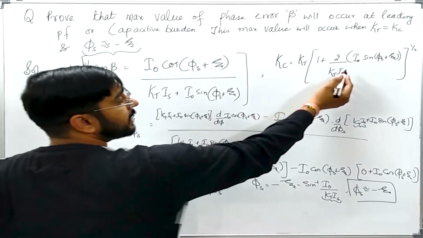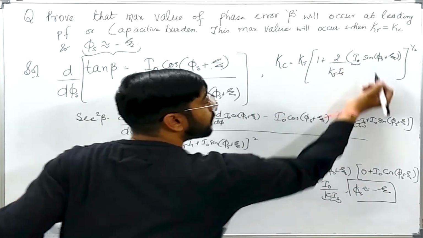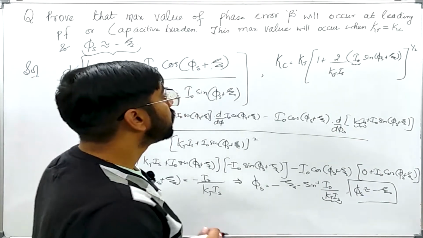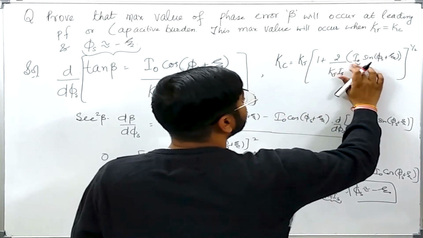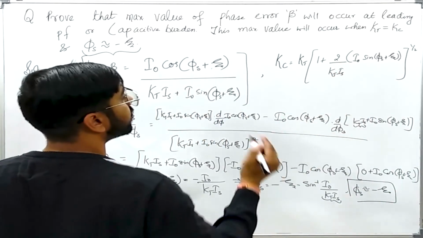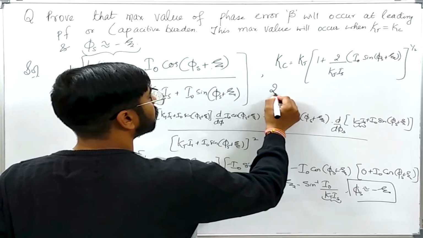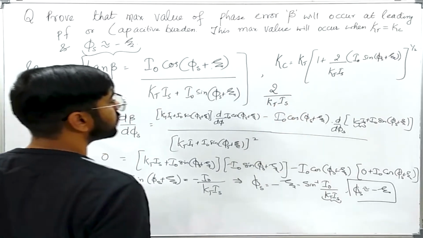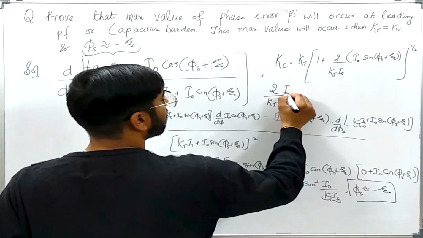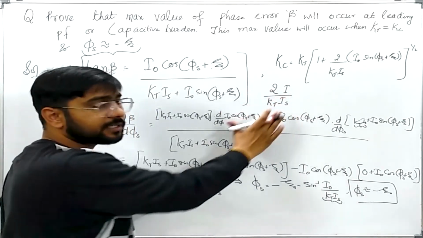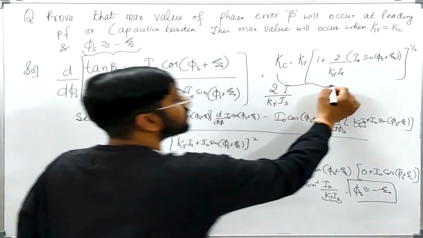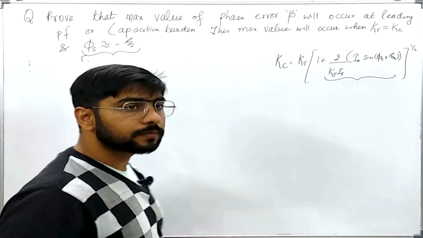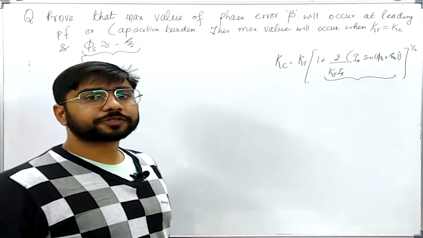First, I naught should be equal to 0, but that is not possible. So what we can do is solve this equation, for the case when Kc is equal to Kt, in the next slide. Now let us proceed further.